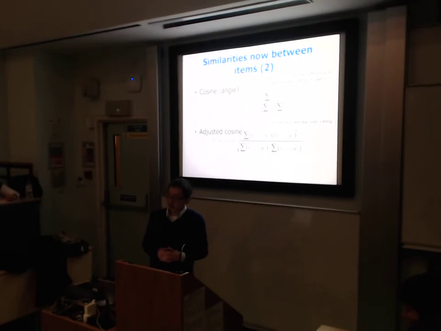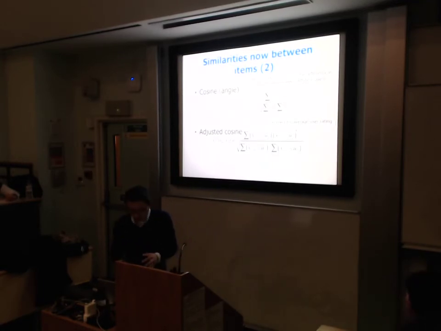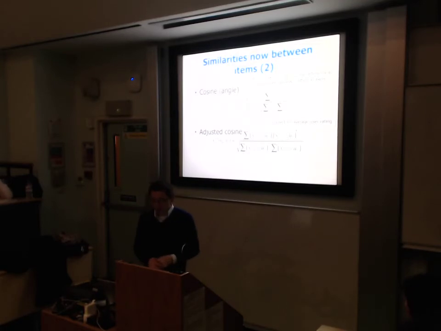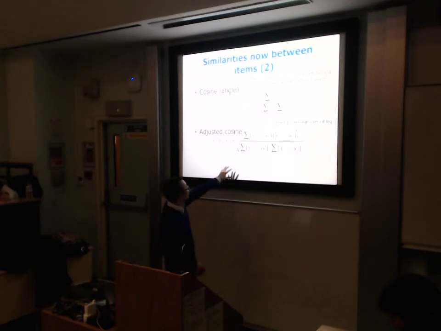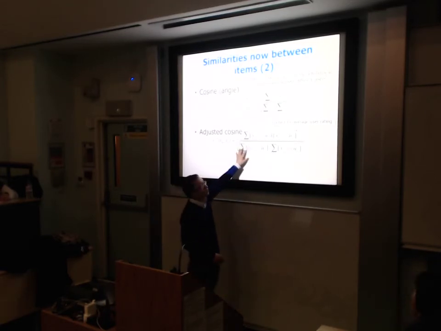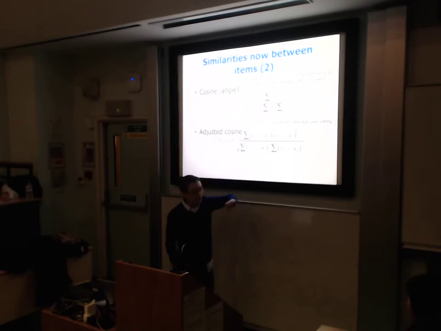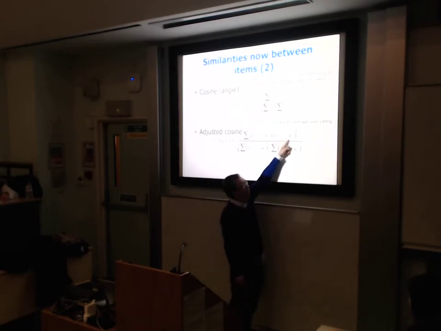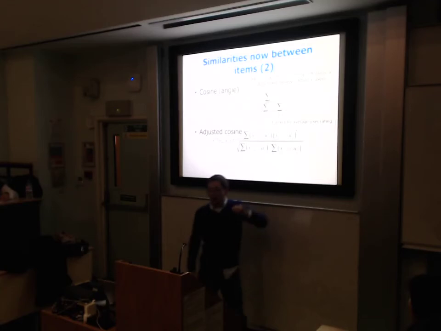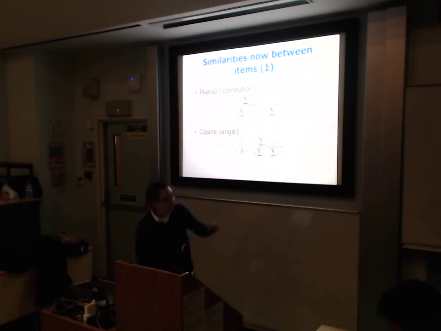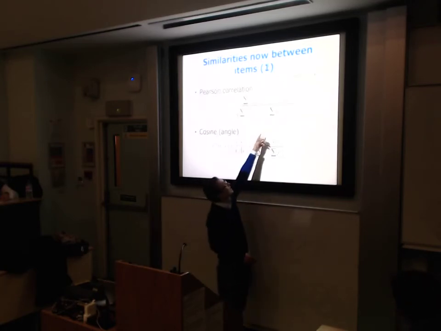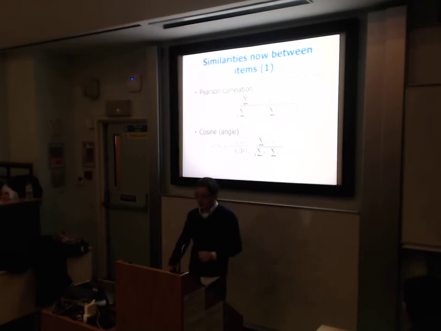It turns out this adjusted cosine similarity actually performs quite well, better than cosine similarity and better than Pearson correlation. Note that the difference between the adjusted cosine similarity and Pearson correlation here is that here you subtract the average rating per user, whereas in the standard Pearson correlation you subtract the average rating per item.